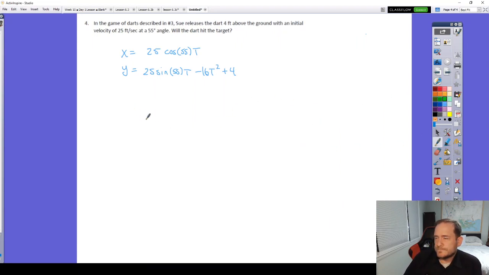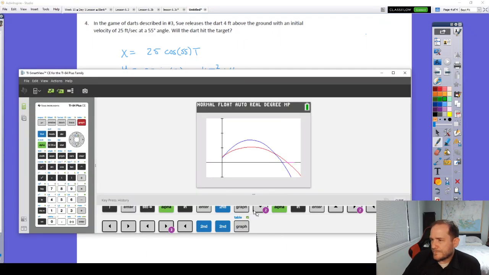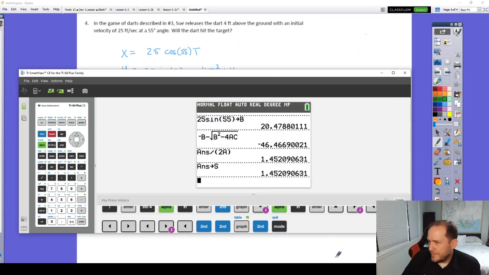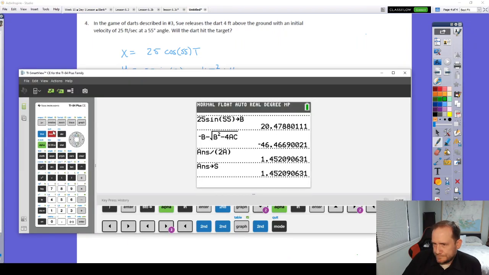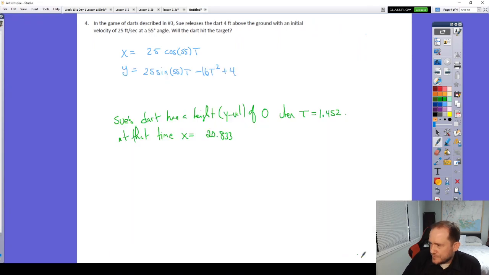So I would say Sue's dart has a height, y value, of 0 when time equals 1.452. At that time, x equals 20.822.